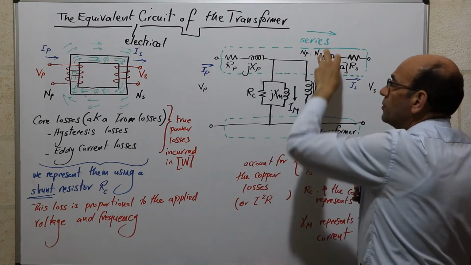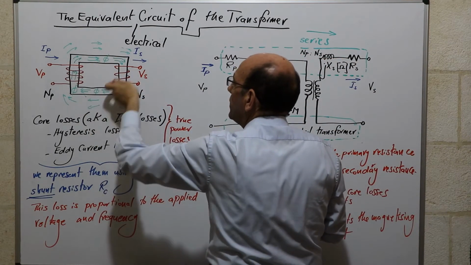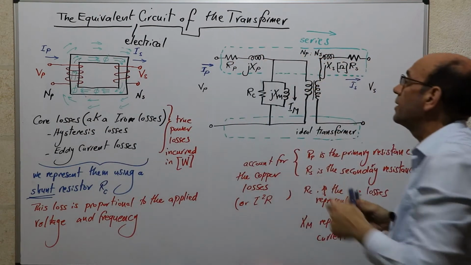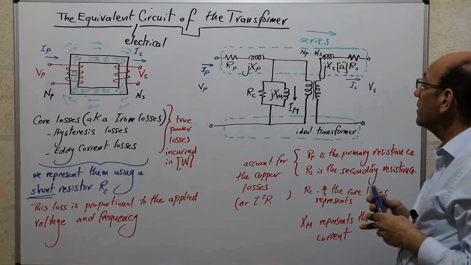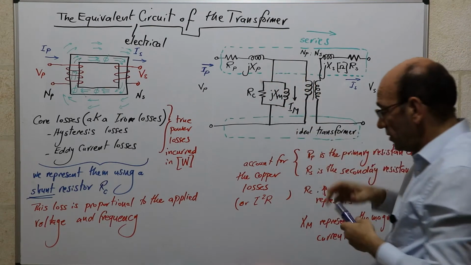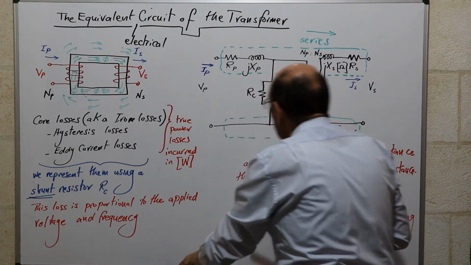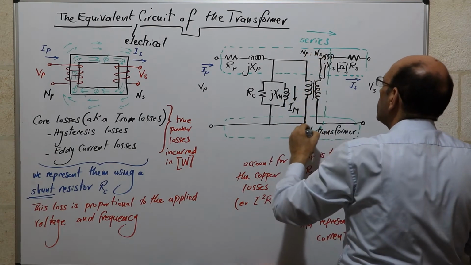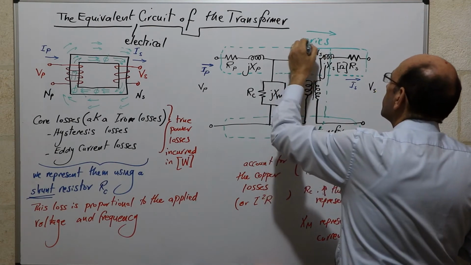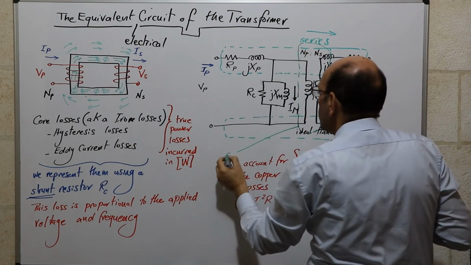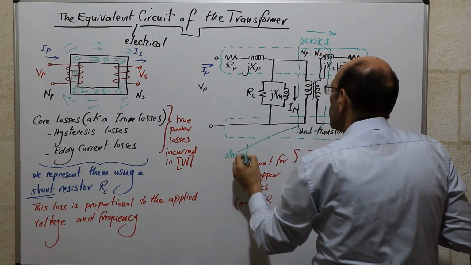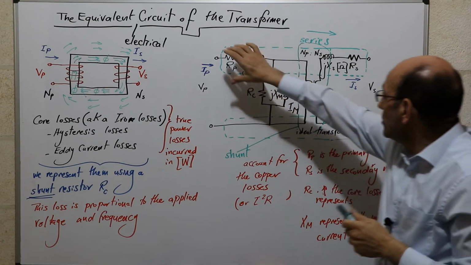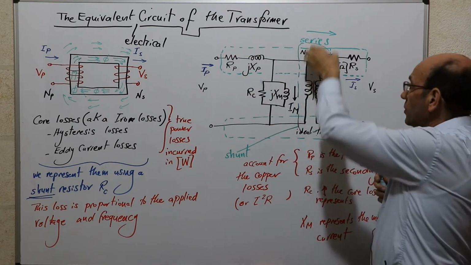The leakage in the flux is represented by XP and XS. Then we have the core losses, and it's important to note at this point that here we have a shunt component. So we have a series component and a shunt component.